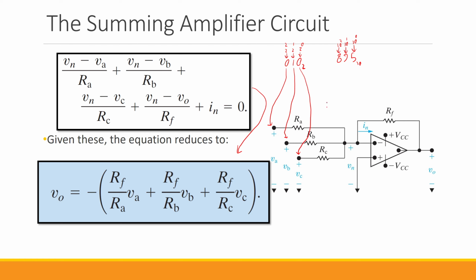So if RF over RA equals 4, RF over RB equals 2, and RF over RC equals 1, that helps us convert this binary number, or digital number, into an analog signal. That is one of the applications of the summing amplifier circuit.